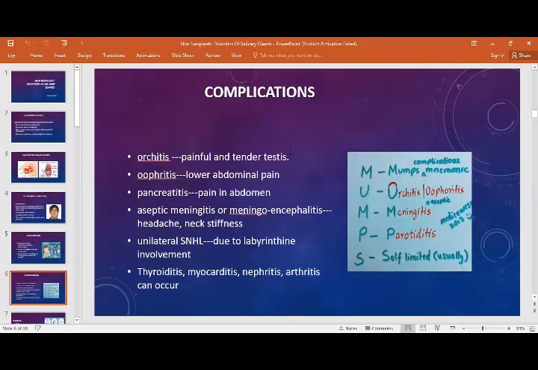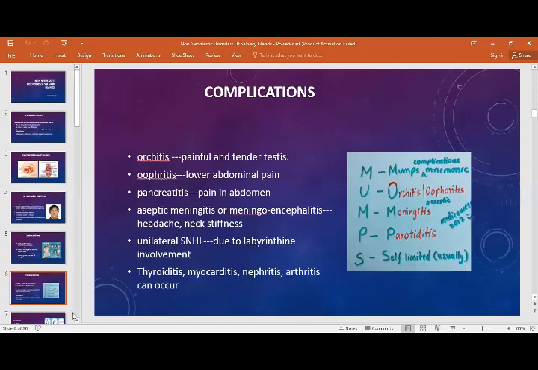Mumps also affects the thyroid as well as your heart, causing myocarditis, nephritis, arthritis. So I have written over here these complications of mumps. You can memorize them with this mnemonic so you have some idea, because sometimes you can get a question with all these complications, and then you would be able to solve that question.